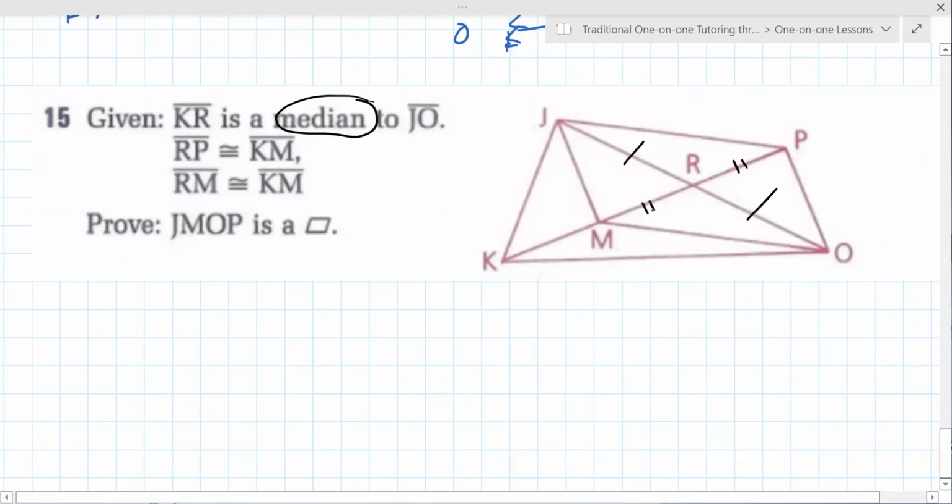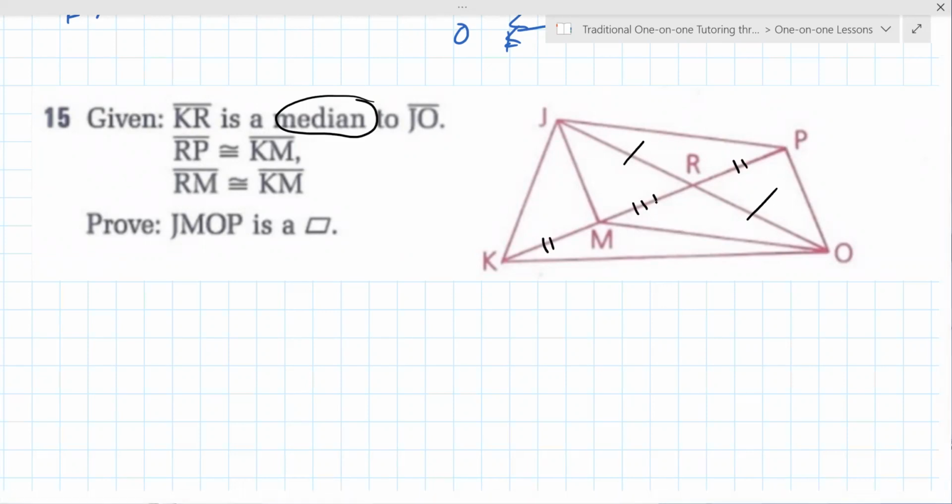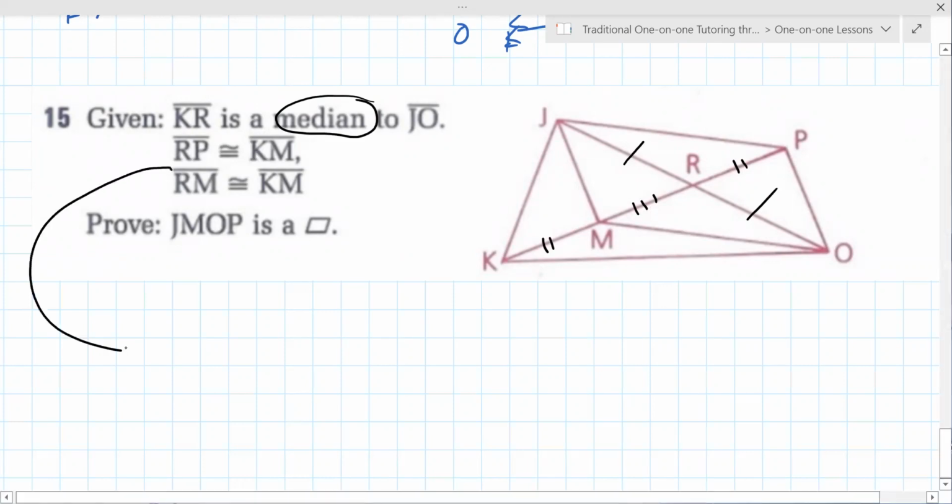And then RM, wait, I mislabeled this. RP is congruent to KM. RM is congruent to KM. Okay. So this is written kind of oddly, but let me just put this down here.